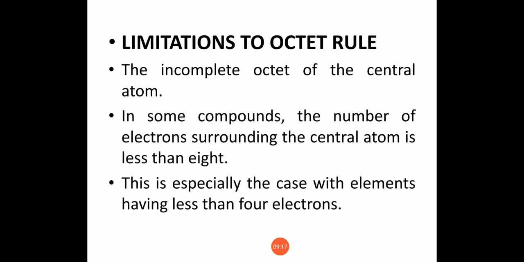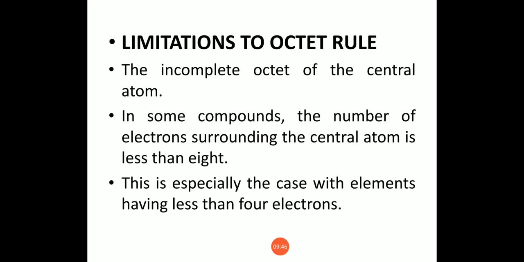For representing or studying bond, we need Lewis symbols and the octet rule. After forming a compound, the atoms in that molecule should have 8 electrons in their valence shell. That is known as octet rule.